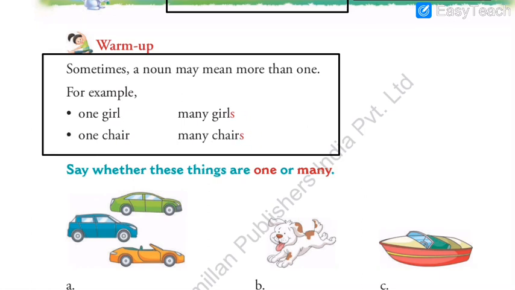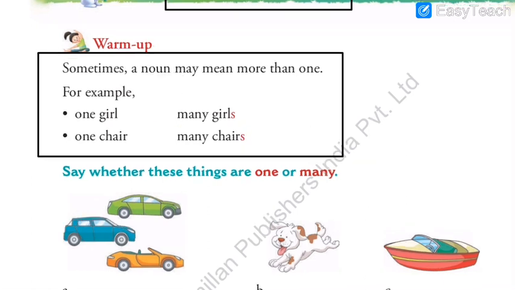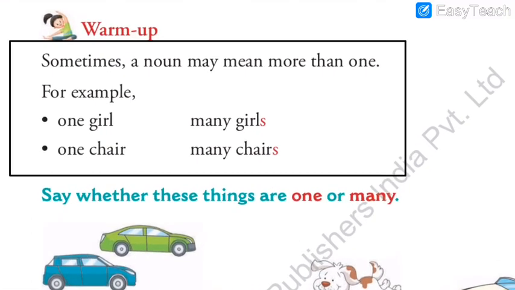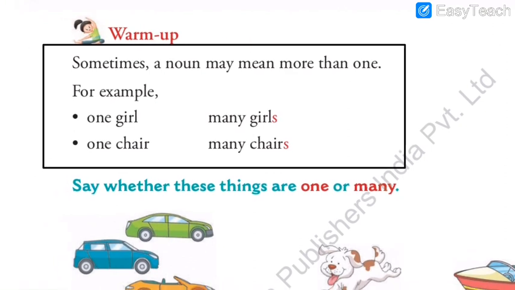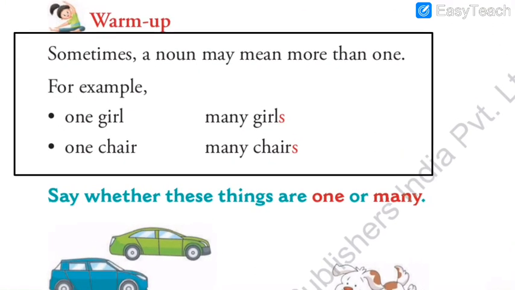Here, if it is only one girl, we say girl or a girl or one girl. But if there are more than one girl present, my dear students, we say girls. So the alphabet S is added to show that there is not only one but many girls, correct?